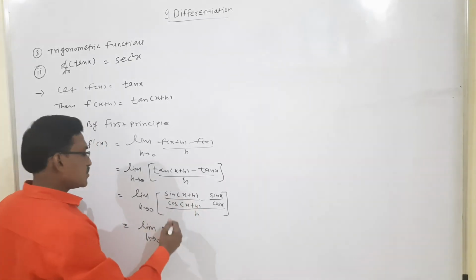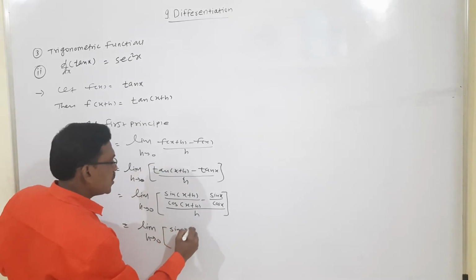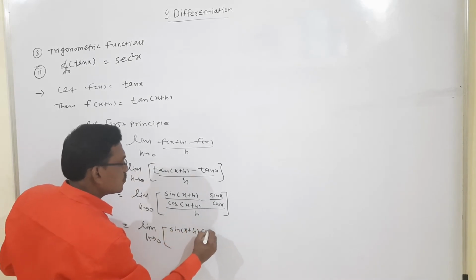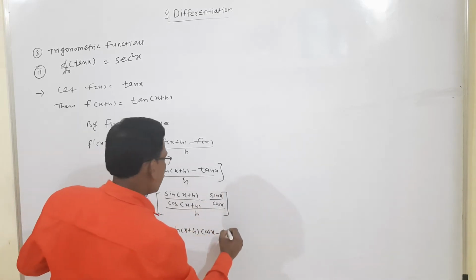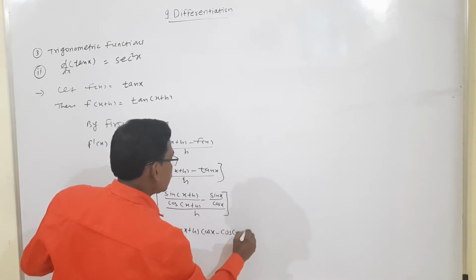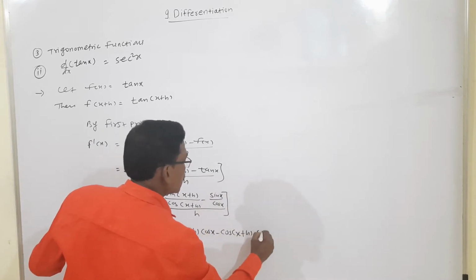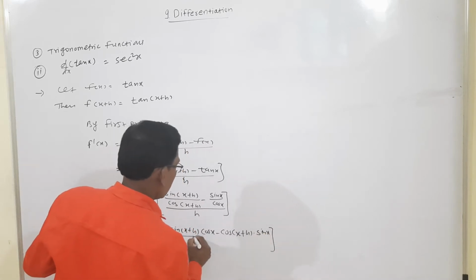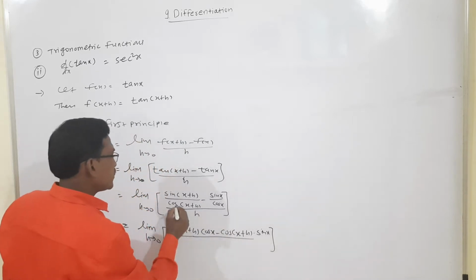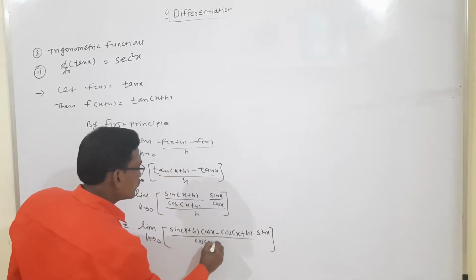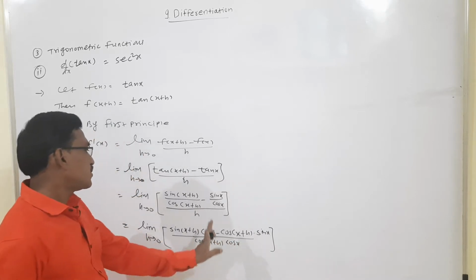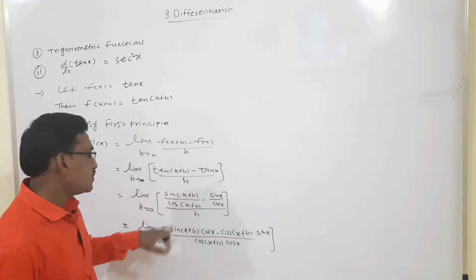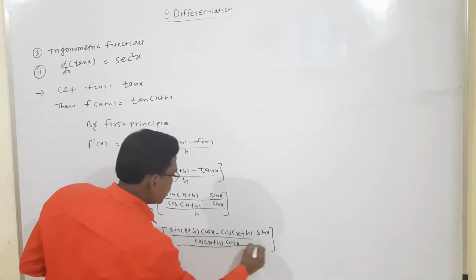So it is sine of x plus h into cos x minus cos of x plus h into sin x, whole divided by cos of x plus h into cos x, the LCM and cross multiplication, whole divided by h here.